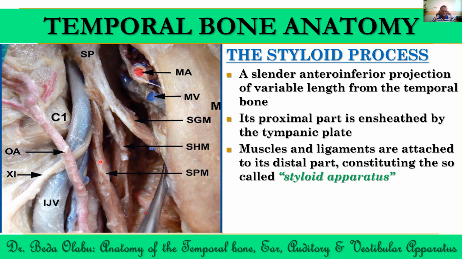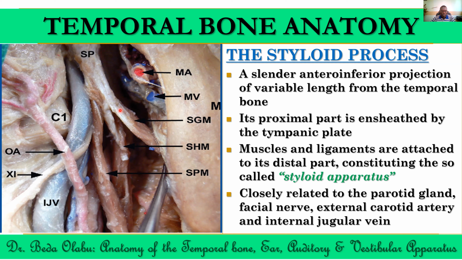Stylopharyngeus in particular is unique because it has a different embryonic origin compared to the others. Anyway, all of them constitute the styloid apparatus. The ligaments are not shown here. Important to note is that the styloid process is very close to a number of structures. We've just mentioned the parotid gland.